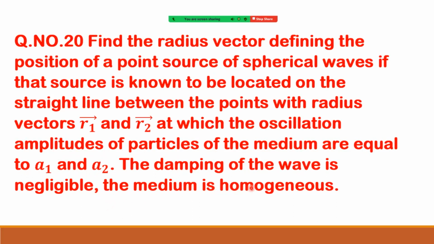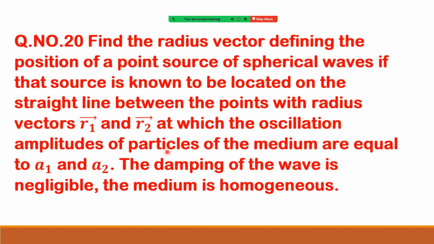The medium is homogeneous. Now see in these key points, it is a point source. In case of a point source, we have to focus on amplitudes. They are proportional to 1 by r, or you can say inversely proportional to the distance of those points from the source.